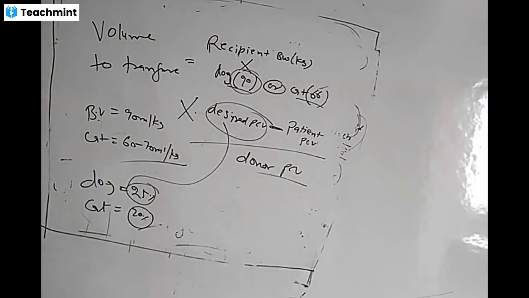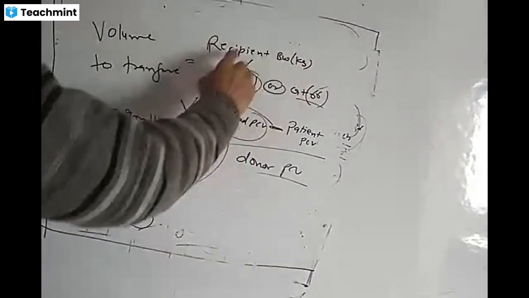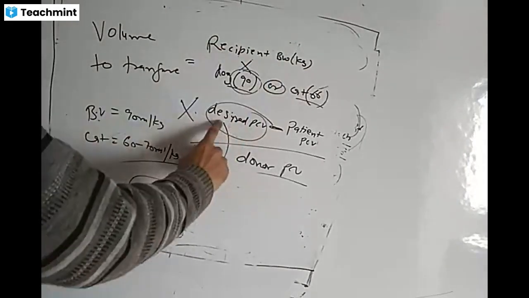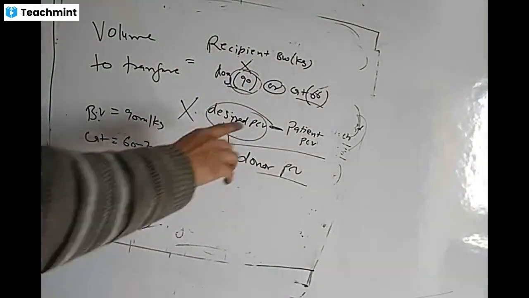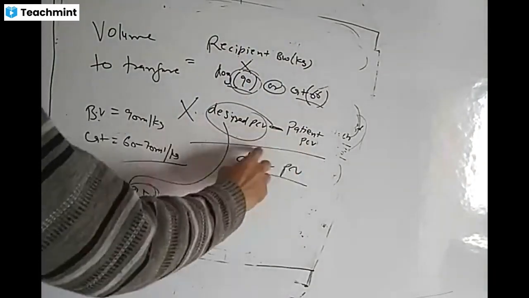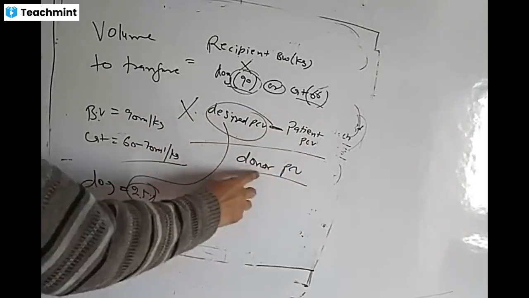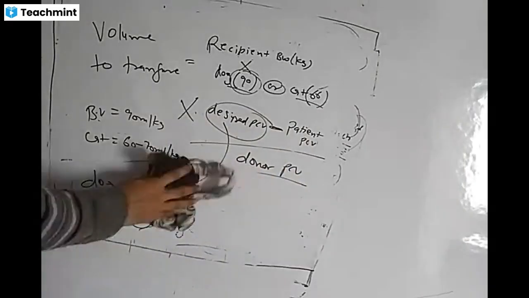This is the formula to calculate the volume to be transfused. Body weight, the constant and desired PCV are given, the patient PCV we know, and the donor PCV we can calculate from the donor's blood.